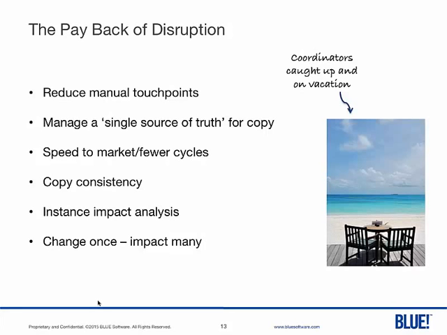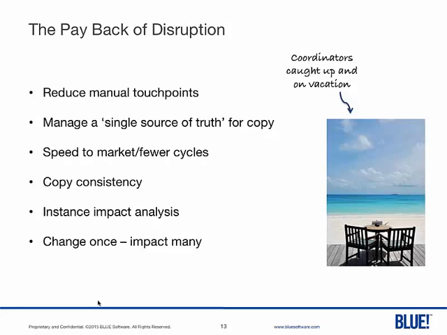And then managing that single source of truth, having that place where you know that the latest approved copy is your system of record. There's a lot of value in having that trust and that truth in one place. And then just by default, if you do introduce the first two bullets, then you will get speed. You'll get better speed to market because you'll have fewer cycles, fewer reviews, and things that need to be done on the artwork. And then lastly, the copy consistency.